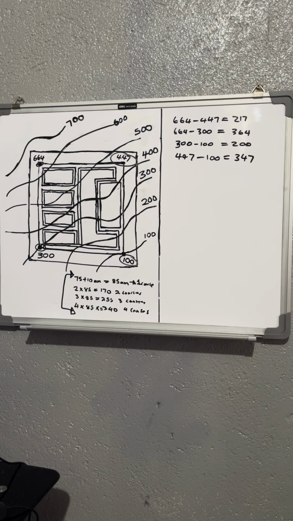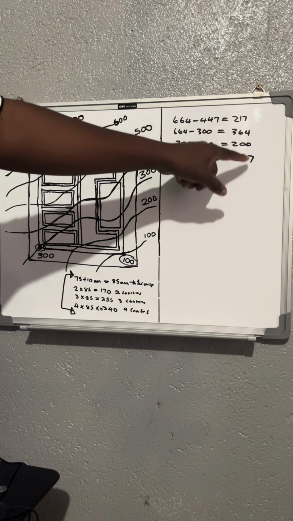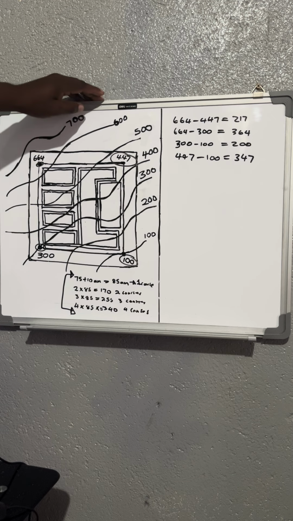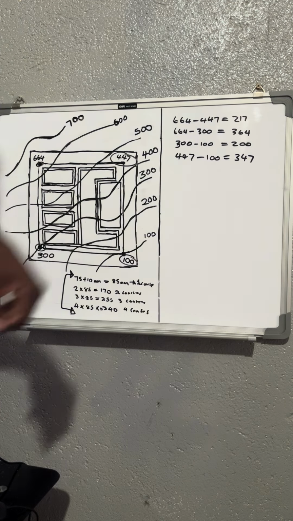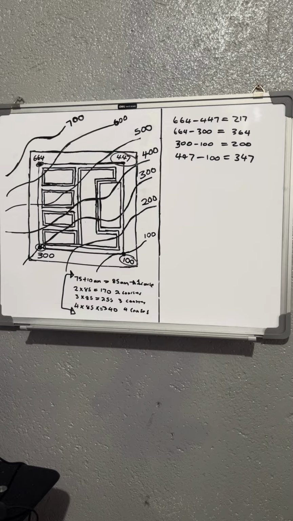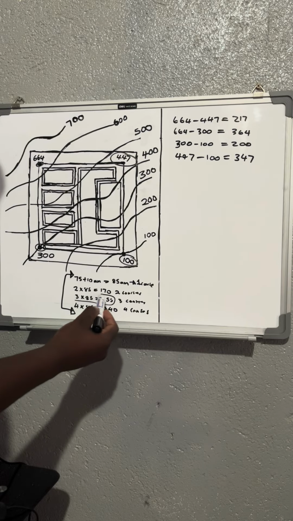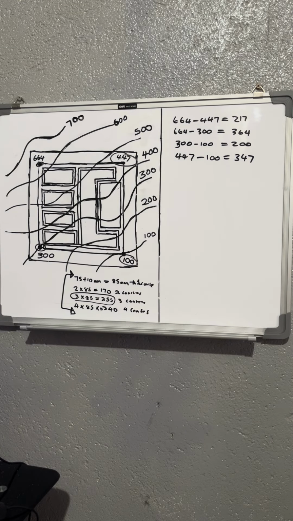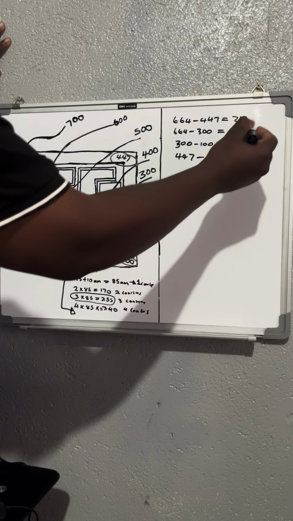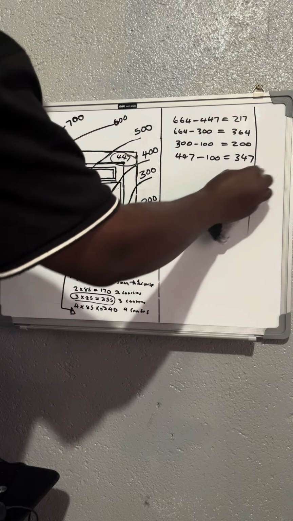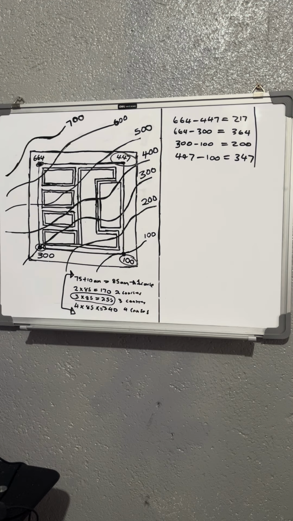Remember, we are trying to work these out in courses, but if you check, we actually don't have 217 in courses. What we do have is 255. So that's basically how you work it out. We check the courses that are closest to the values we are working with.